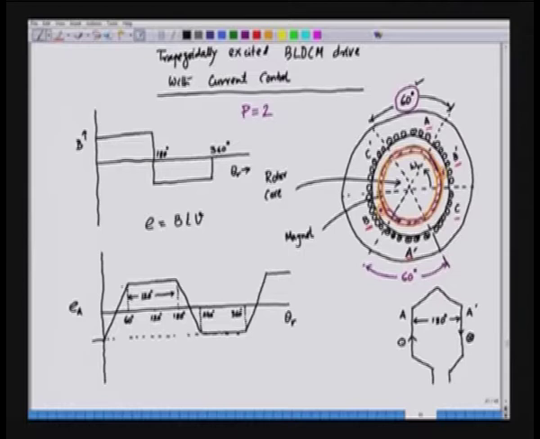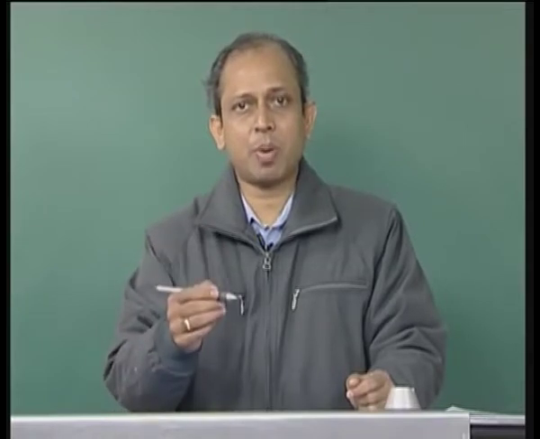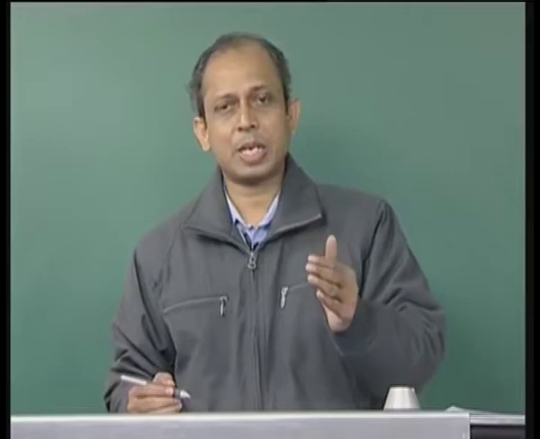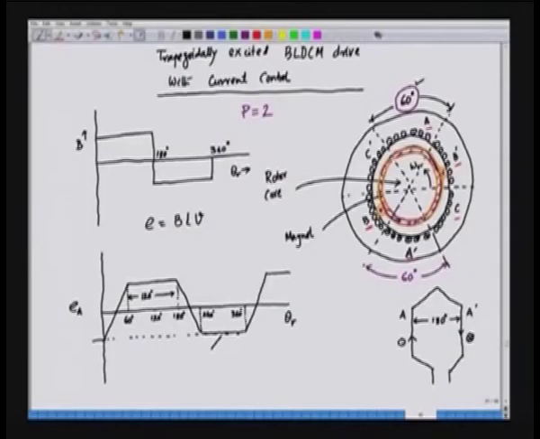It stays at the maximum value for a duration of 120 degree. Again, it reverses from positive maximum to negative maximum within a duration of 60 degree. It stays at the negative maximum here again for 120 degree. And this is the nature of the induced EMF in a single phase, that is in phase A.